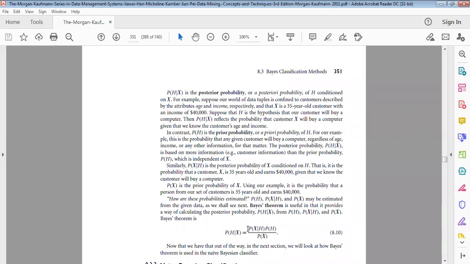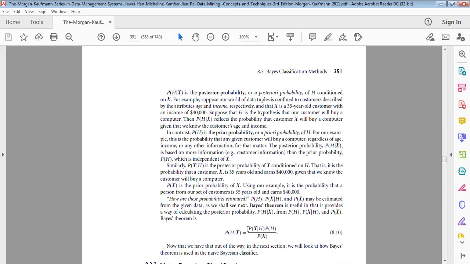You can calculate the posterior probability and prior probability. Prior probability means directly, for a particular evidence, you can find out the probability, or for a hypothesis you can find out the probability. That is P of H or P of X. These are all independent.